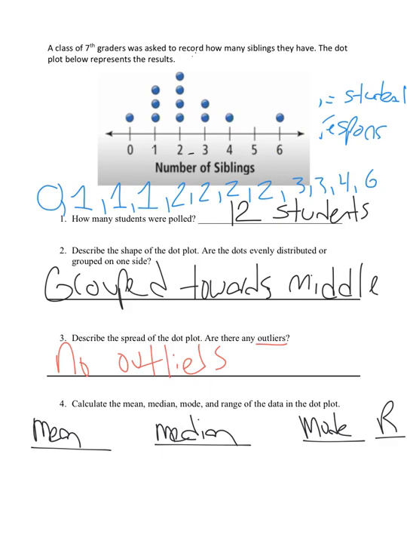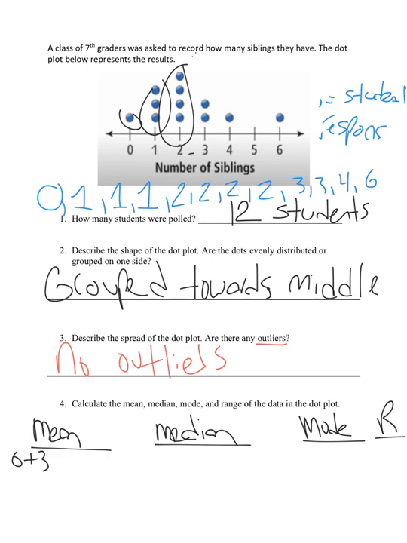If we're using the dot plot, another way you can work with it is go to each dot. So we have 0, we have 3 dots on 1. That tells us there's plus 3. We have 4 dots on 2.